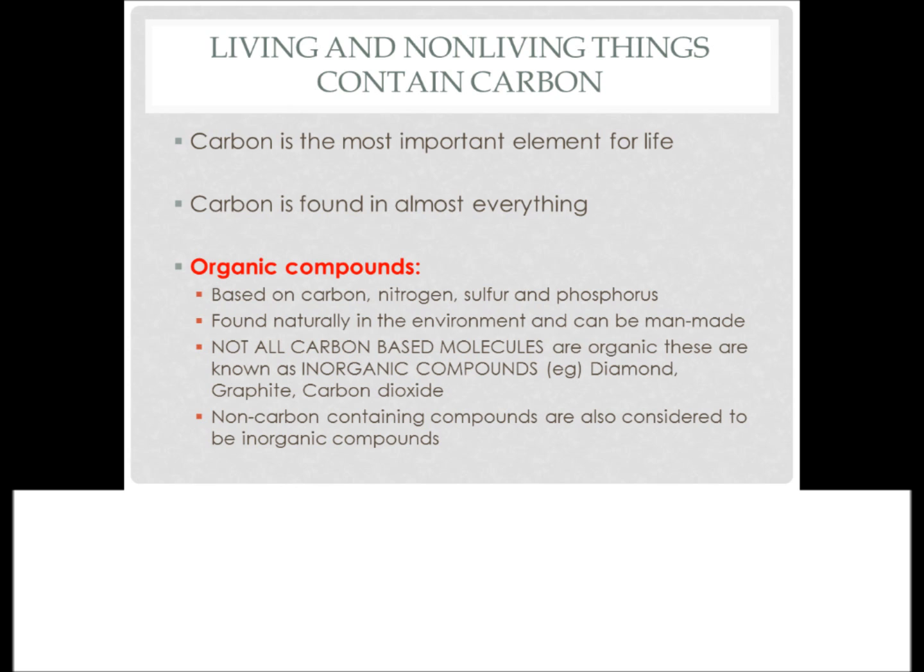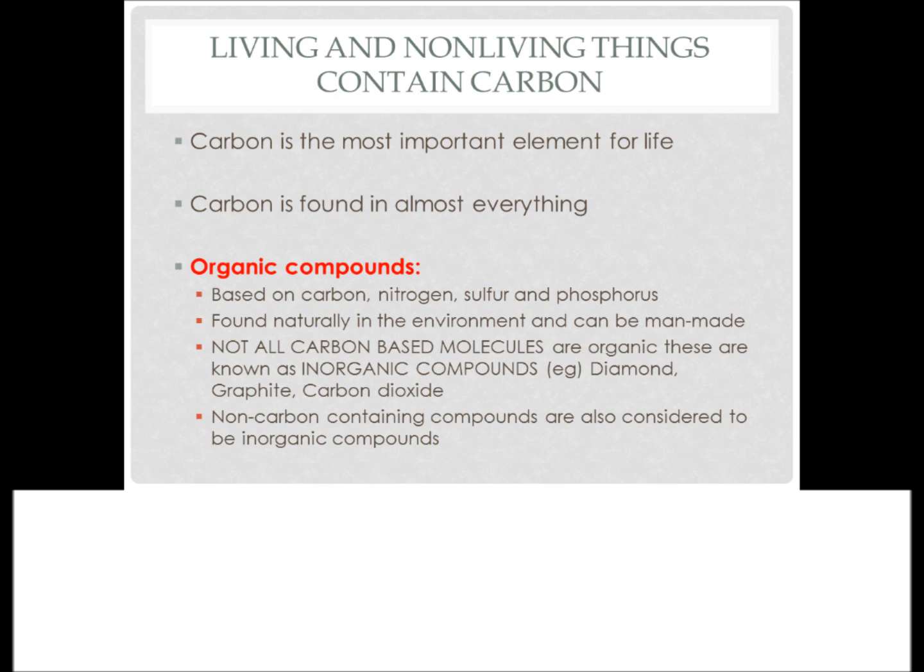So if you wanted to know if a compound is organic or inorganic, you should look at the chemical formula and identify if there's carbon, nitrogen, sulfur, or phosphorus. If you do not find any of those above elements, it is likely to be an inorganic compound.